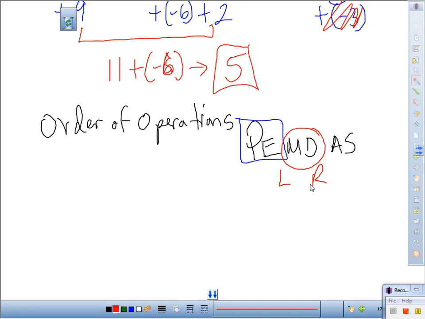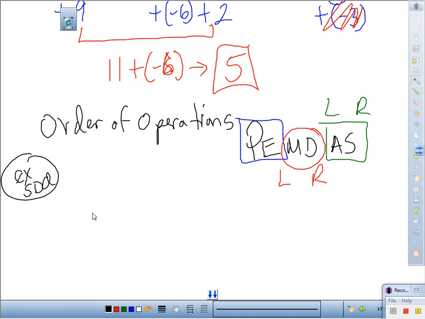Not necessarily multiplication, because sometimes guess what comes first? Division. So therefore you need to do the one that comes first. And lastly, when you get to addition and subtraction, the same thing. You scan your expression from left to right and make sure you do the one that comes first out of those two.